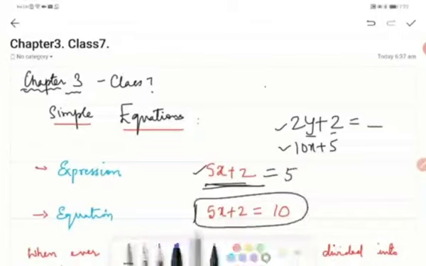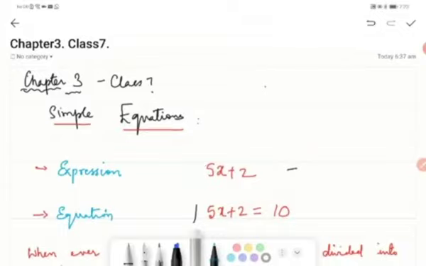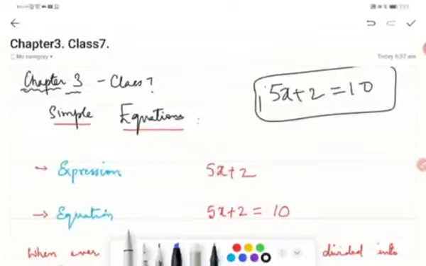So basically your equation is divided into your LHS and RHS. Okay, so since we have an equal to sign here, this 5x plus 2 is equal to 10, right? So this total is divided into two parts at the equal to sign.